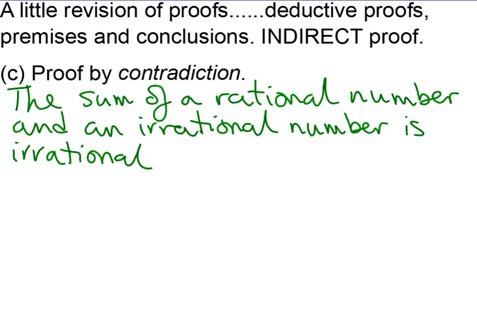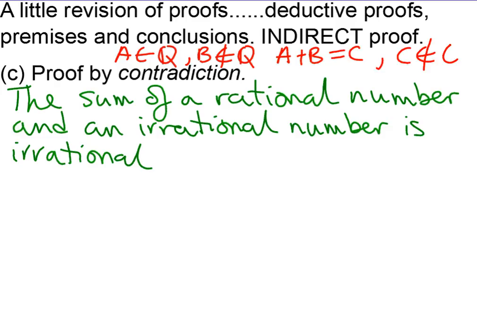So we will prove that if A is in Q, rational, and B is not in Q, that means irrational, then A plus B equals C, where C is not in Q. So we add a rational with an irrational, and we get an irrational.